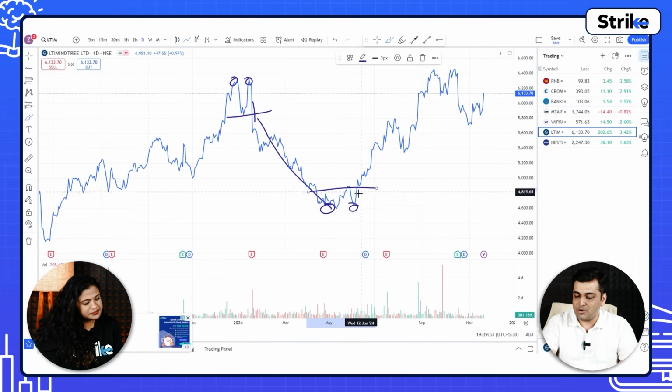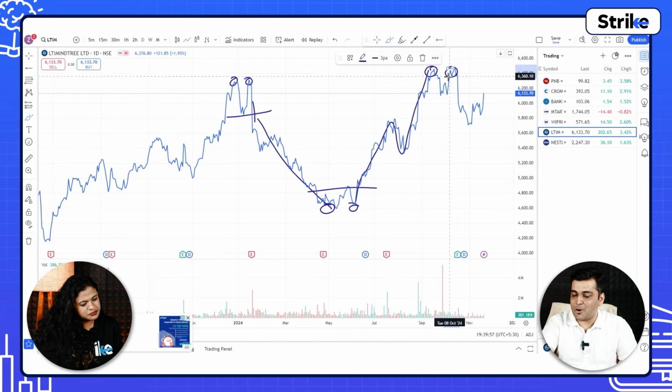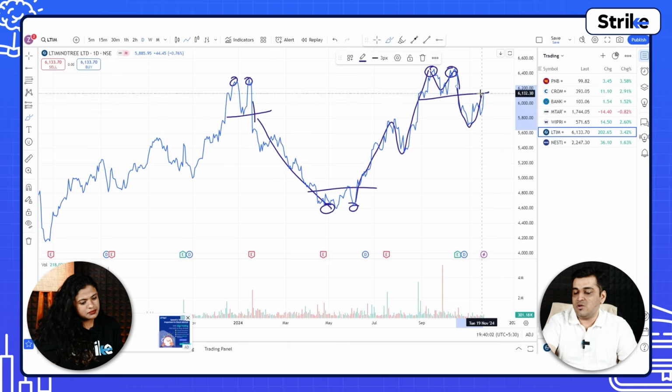Prices broke and it started rallying. Now here there is a top one, top two, M pattern, crash. It's coming up. Now if it does not sustain this level and starts coming down, it can go down further. But if things improve and prices close above this, then this double top pattern is negated.